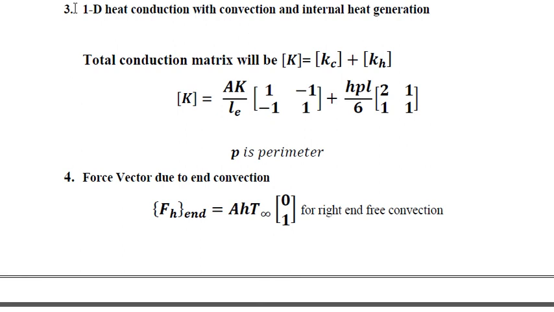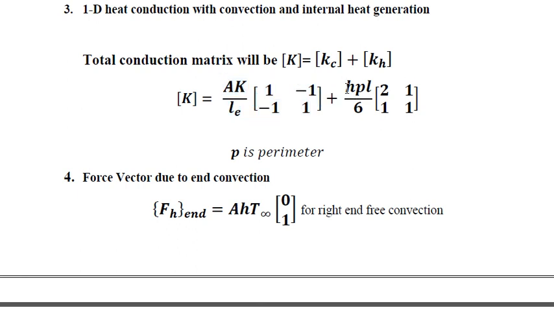Now suppose there is 1D heat conduction with convection and internal heat generation. Then we have to add this content to the conduction matrix.